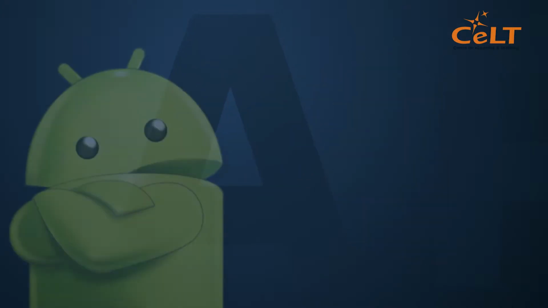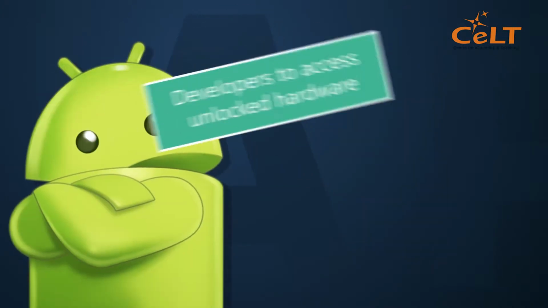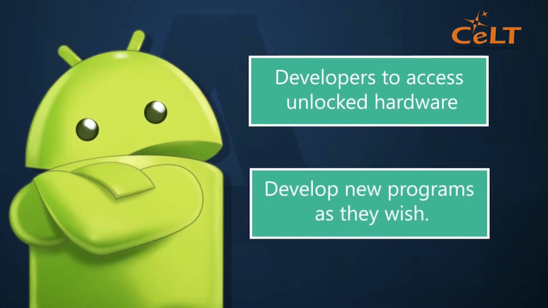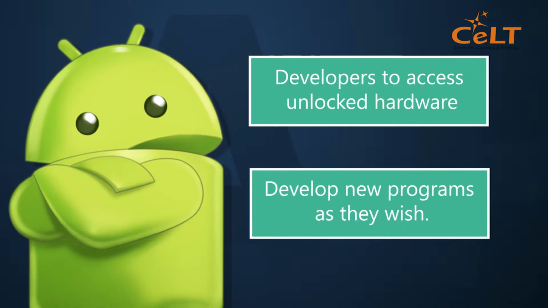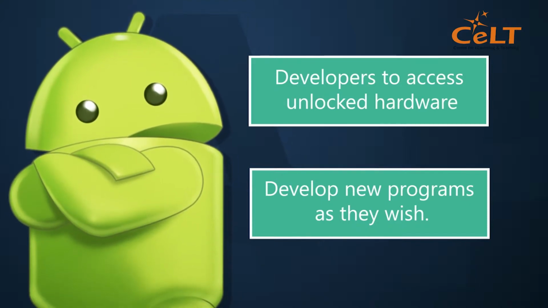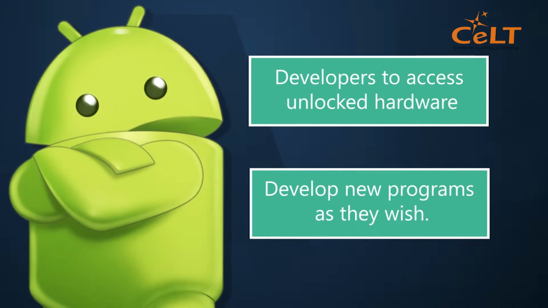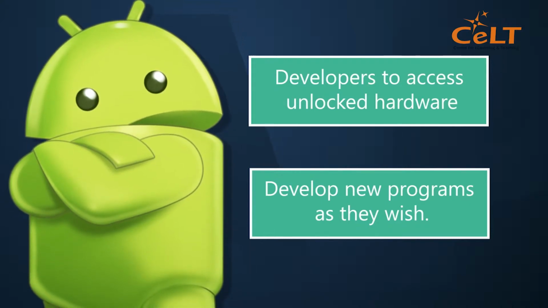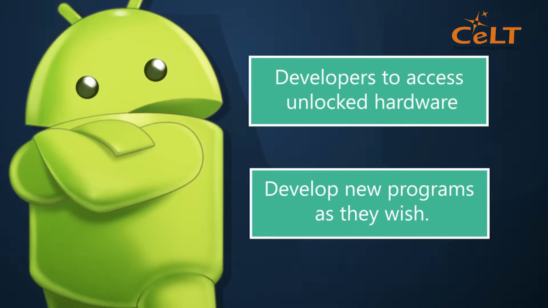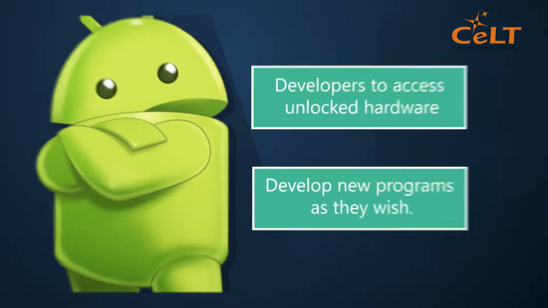Android is an open source operating system which allows developers to access unlocked hardware and develop new programs as they wish. This means unlimited access to anyone who wants to develop apps for the phone, and places very little restriction on its licensing. So, users benefit from masses of free content.